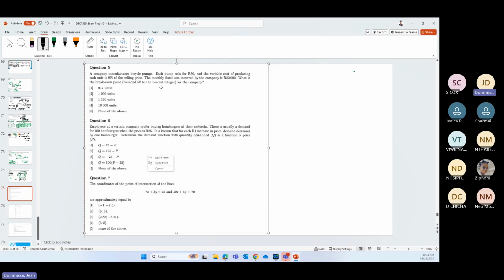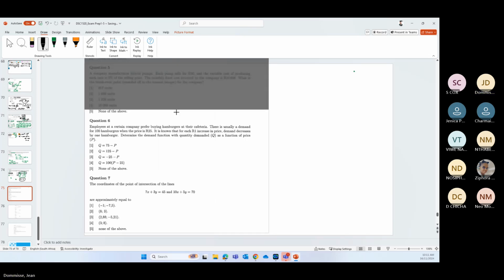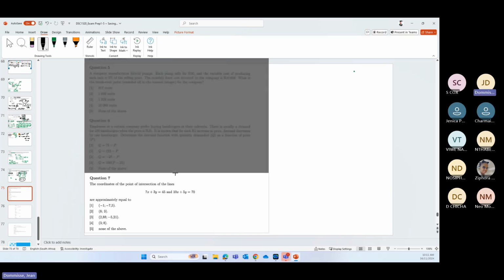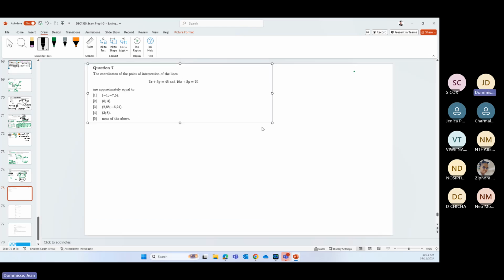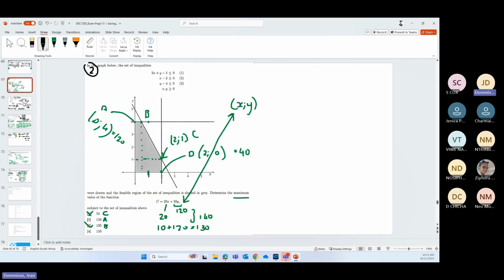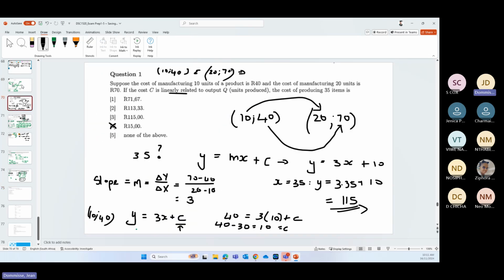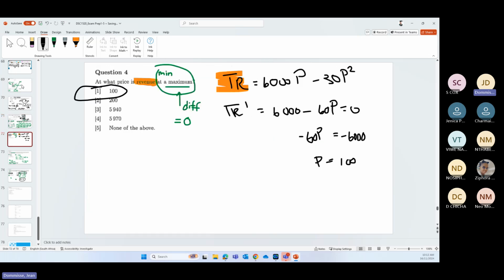Okay, so this was also interesting for me, how they throw the questions around nearly, because as you see, we went into a slope, then we went into revenue, where we needed to do differentiation.